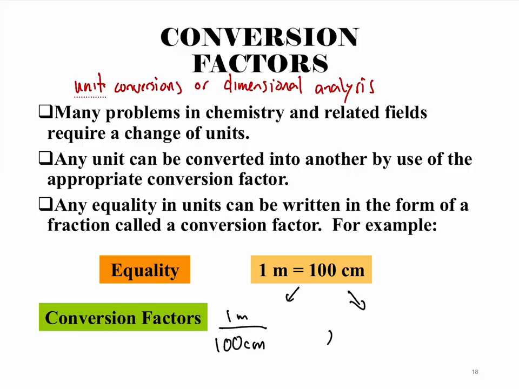And then there's also one other conversion factor. Does anyone have any idea what that might be? Just flip it the other way around. So for every 100 centimeters, we have 1 meter. We can write it as a ratio like this. Verbally, we say we have 1 meter for every 100 centimeters, and then vice versa. So for every conversion equality, we get two conversion factors.